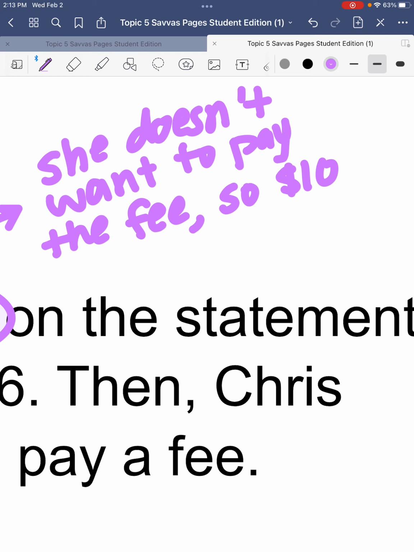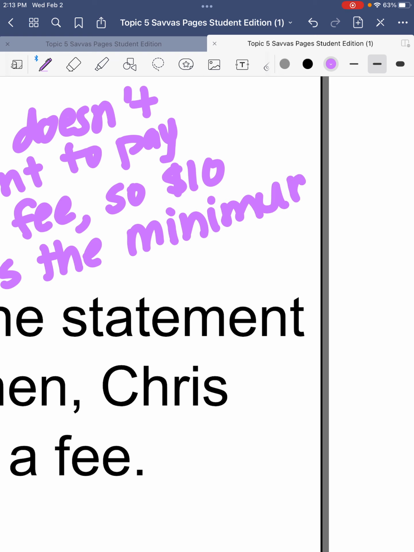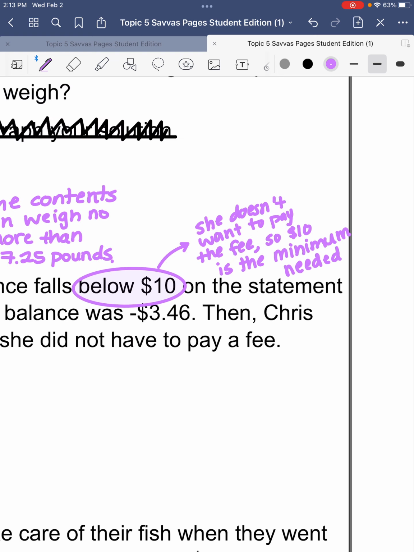So $10 is the minimum needed in the account, okay? She doesn't want to pay a fee, so $10 is the minimum needed in the account.